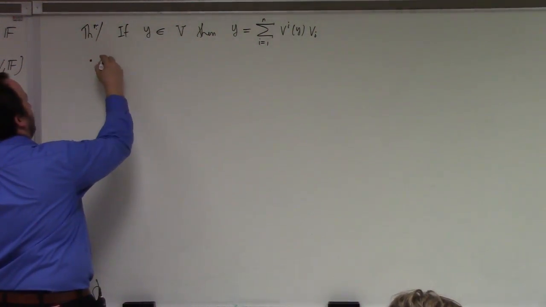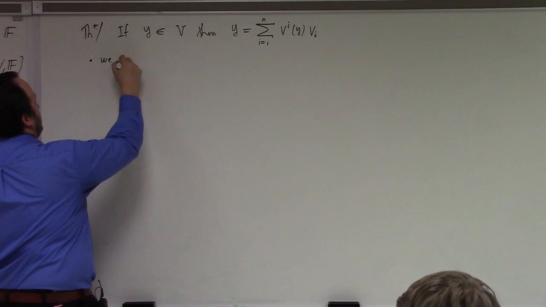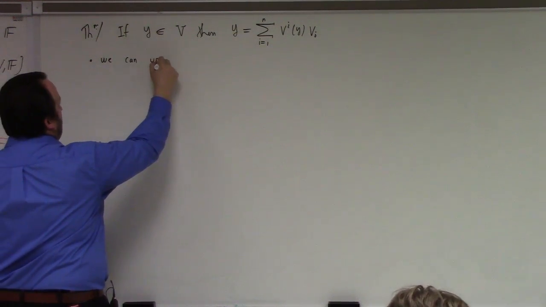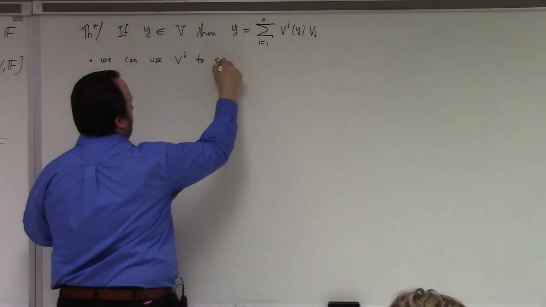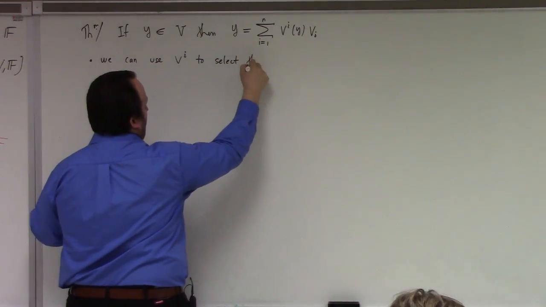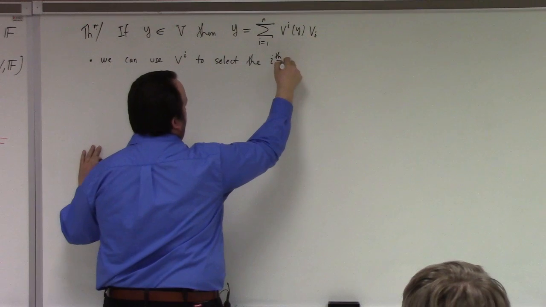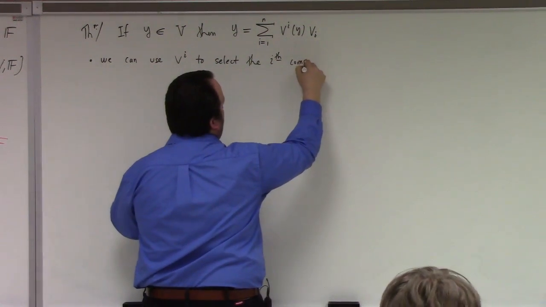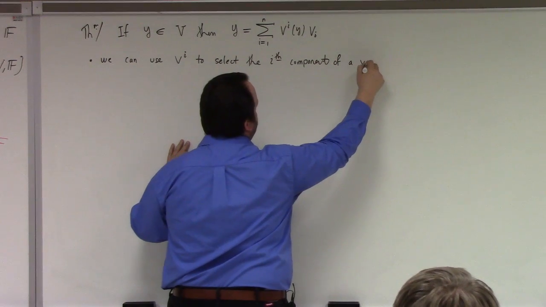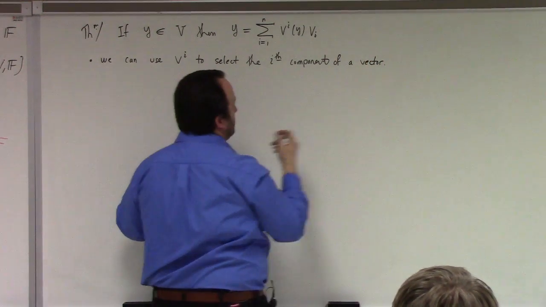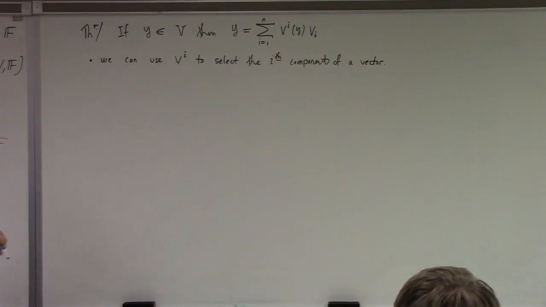This theorem says that we can use v^i to select the ith component of a vector. Of course, the ith component with respect to beta, right?